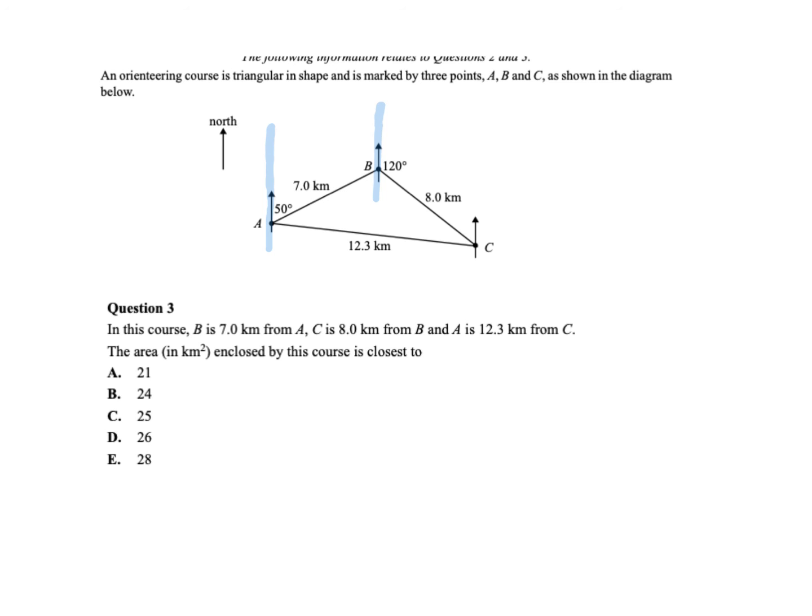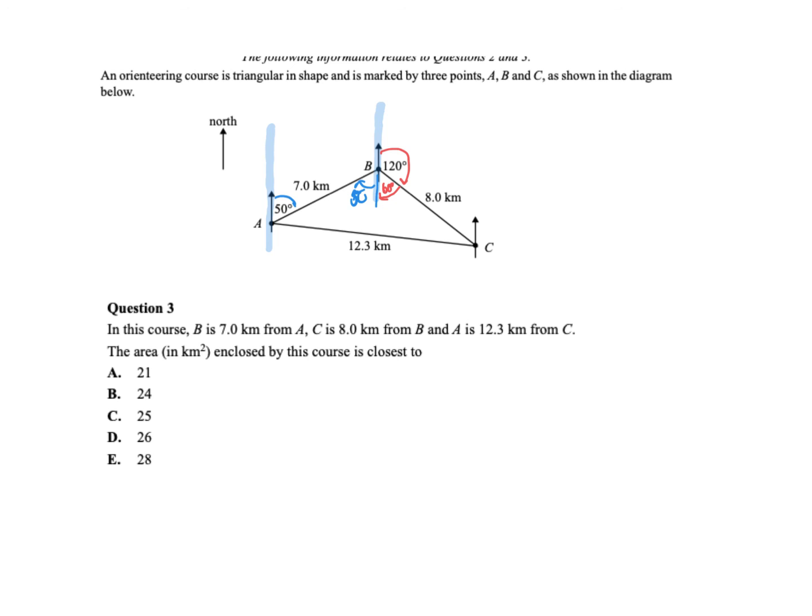If they're saying that this is 50, then I know that in here that bit must be 50 as well from the north line. Now if they're telling me that this bit is 120, and if I went all the way to a straight line, that would be 180, so I know that this is 60 in here.